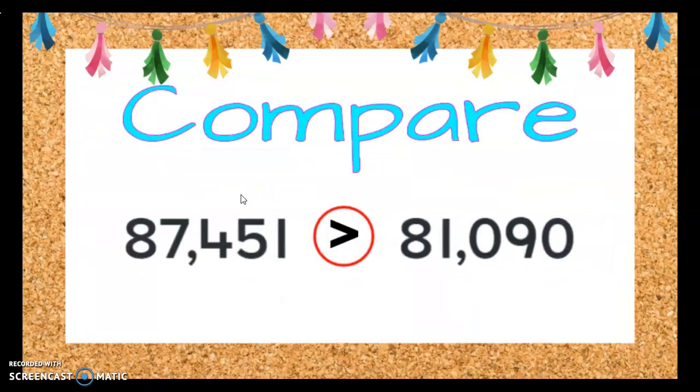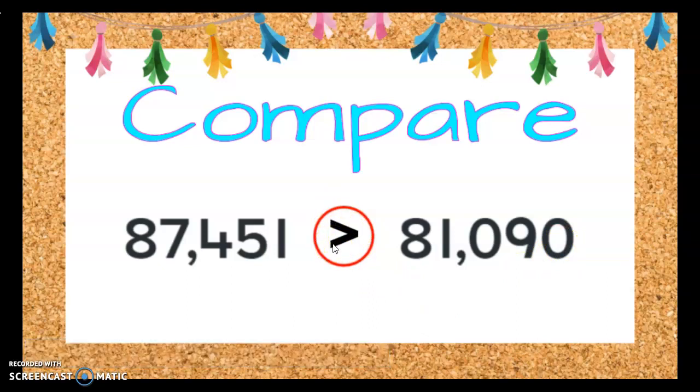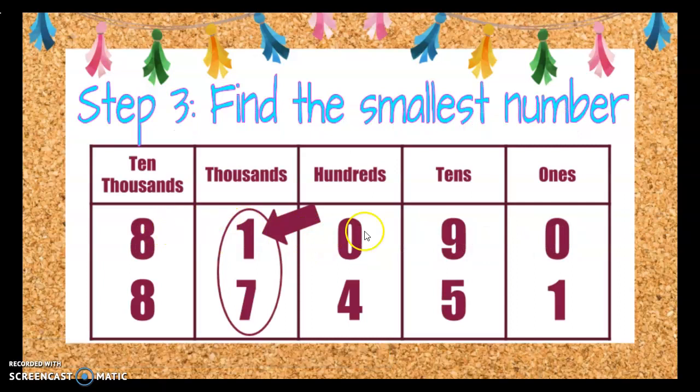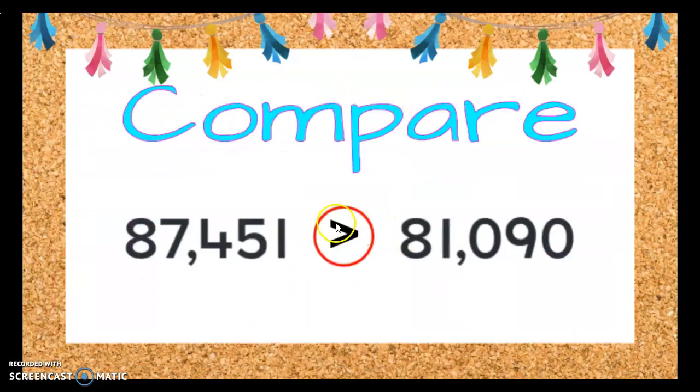Now we have to write our math sentence. So this is where we compare. So we see our numbers 87,451 and 81,090. We always want to make sure that that crocodile is eating the bigger number. So since we said 81,090 was smaller, we see then that the crocodile is actually opened towards 87,451.